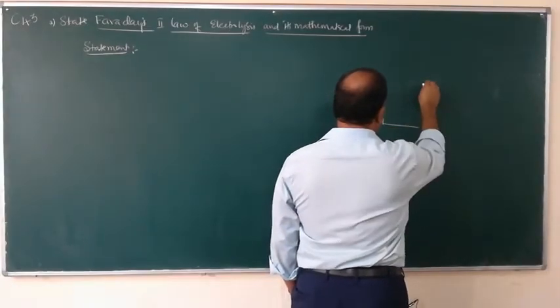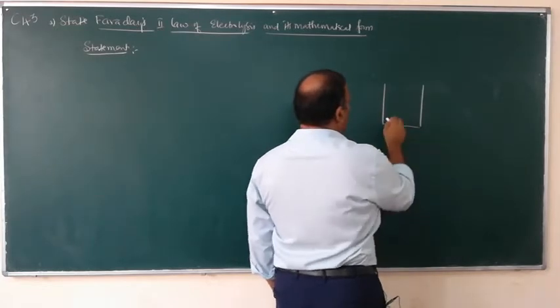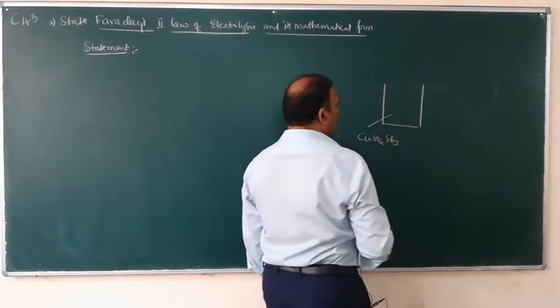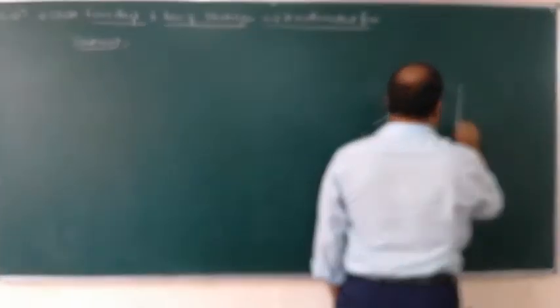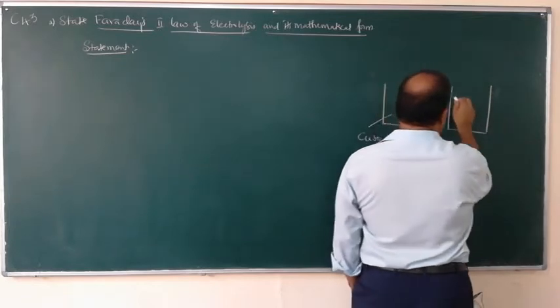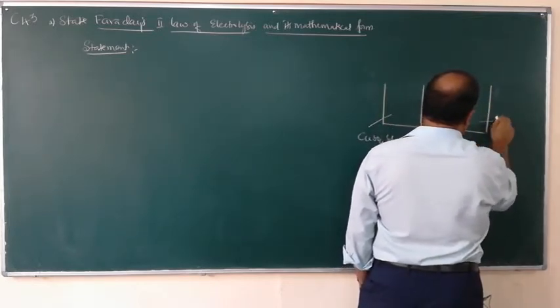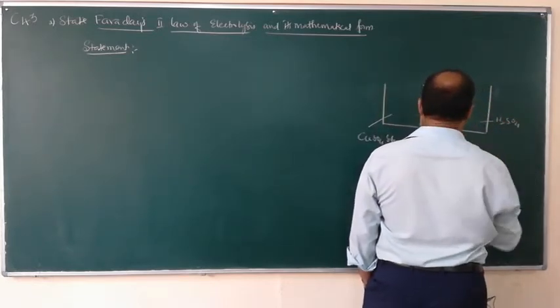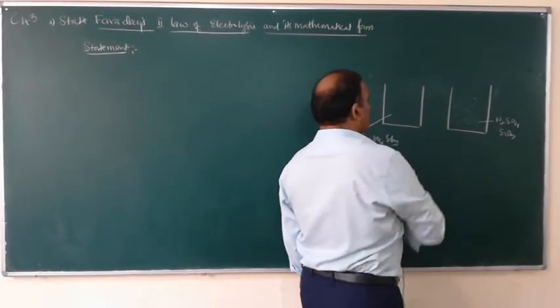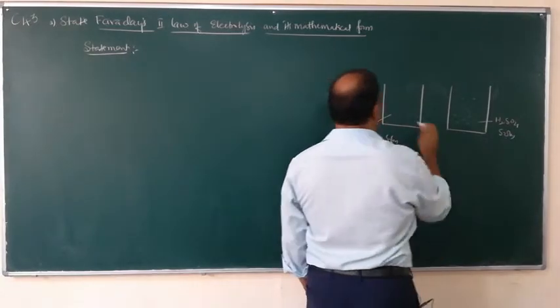Suppose it is a solution of copper sulfate. It is a solution of an electrolyte 1. This is another solution, namely H2SO4 solution. So, copper sulfate solution and H2SO4 solution.